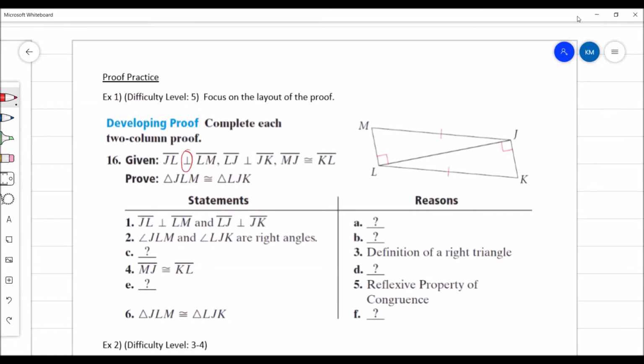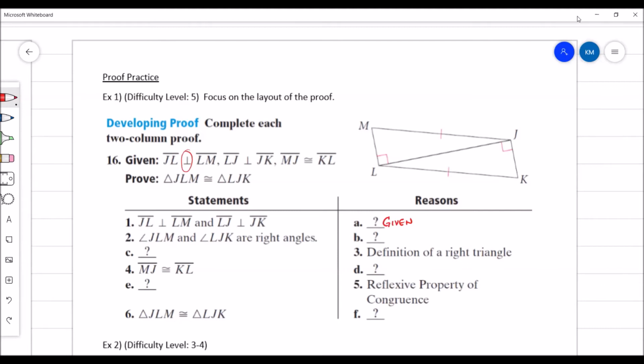As we look at the first statement, JL is perpendicular to LM and LJ is perpendicular to JK. That wasn't information we had to work for. They told us that is given information. Number 2 says that angle JLM and angle LJK are right angles. You might be like, didn't they just tell us that these are perpendicular? Yes, perpendicular lines create right angles.